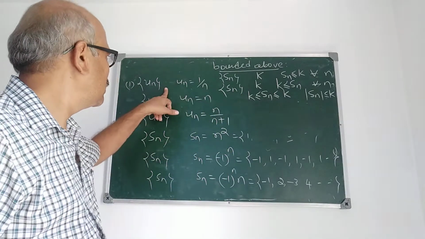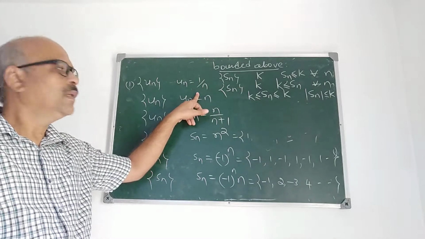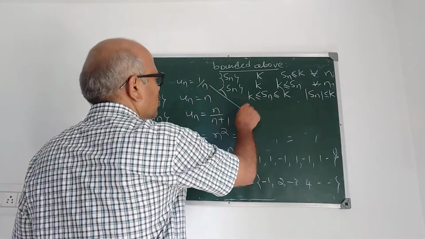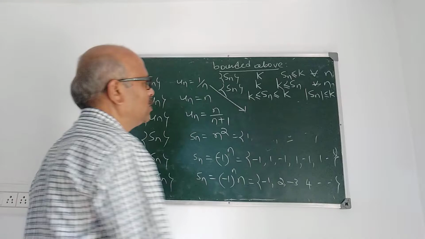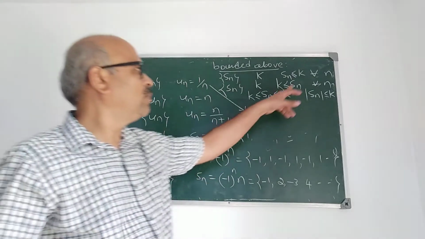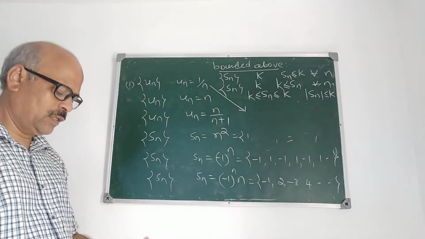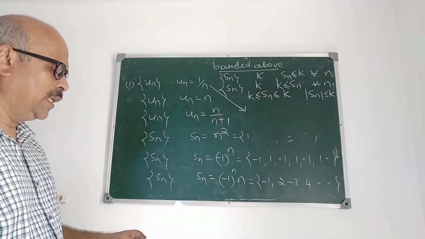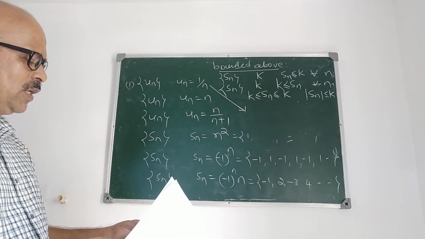Now see this sequence, un is 1 upon n. Is it bounded? This sequence is bounded. Here big K is called the upper bound of the sequence, and small k is called the lower bound of the sequence. Why is 1 upon n bounded?